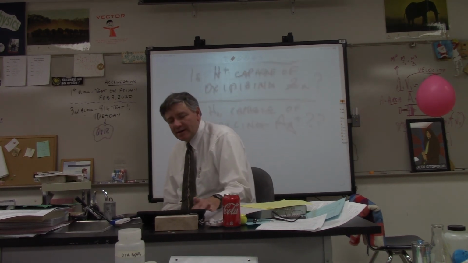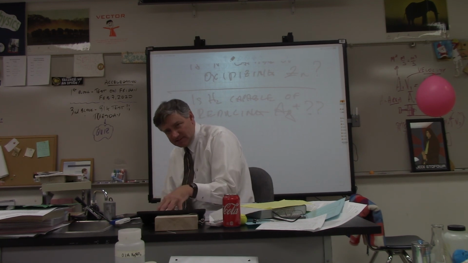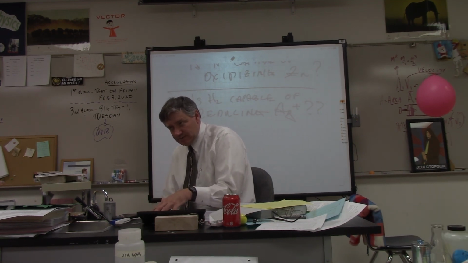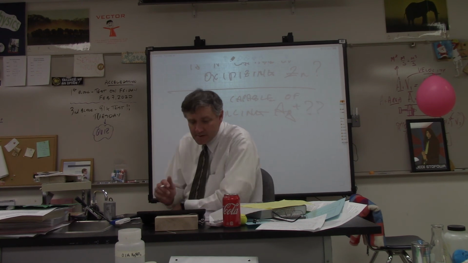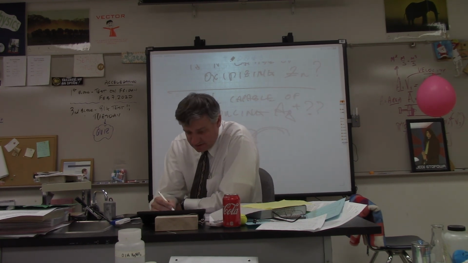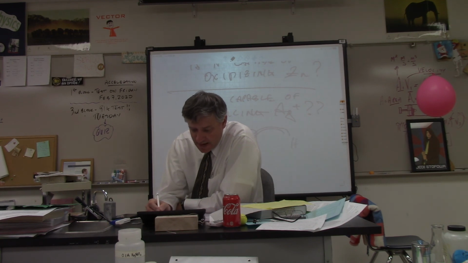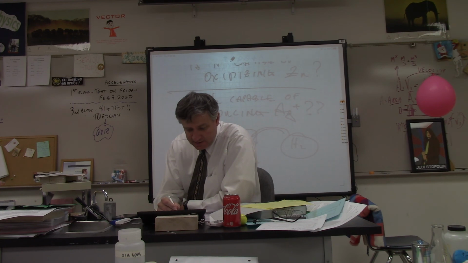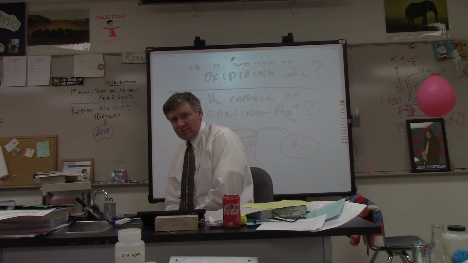Now, is hydrogen gas capable of reducing silver ions? Okay? So what you would physically do to make this happen is that you would have a solution of silver ions like this, and you would have a source that was generating hydrogen gas, and that hydrogen gas would bubble up through it.